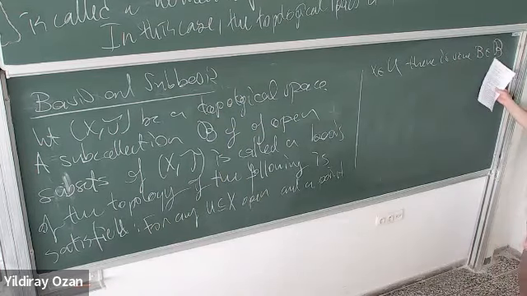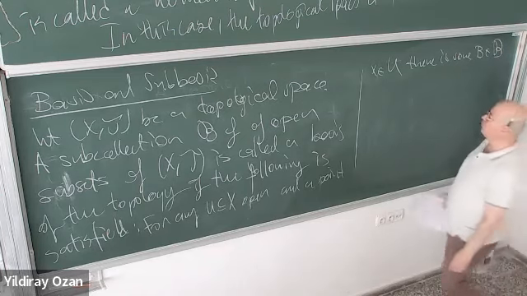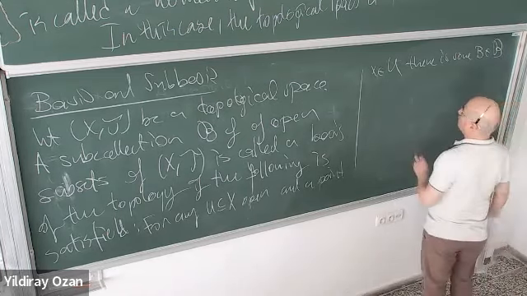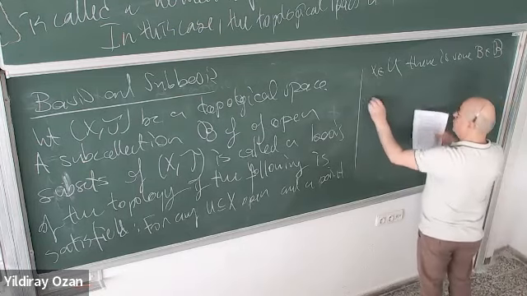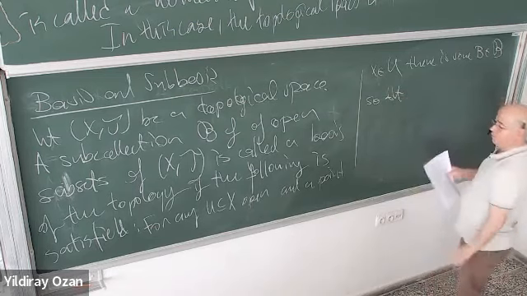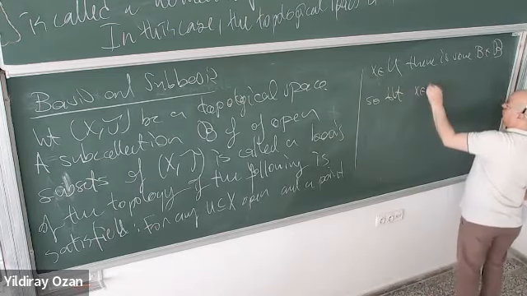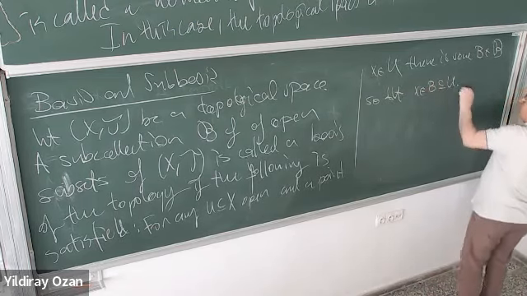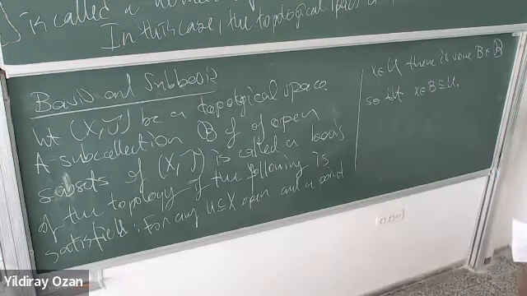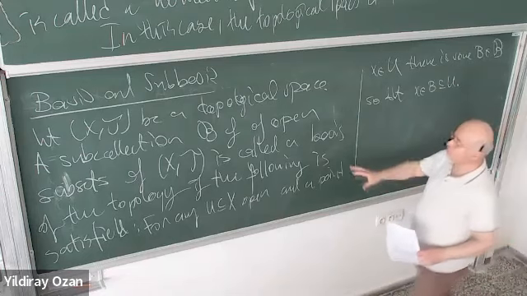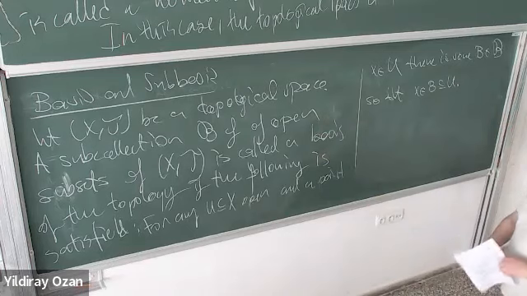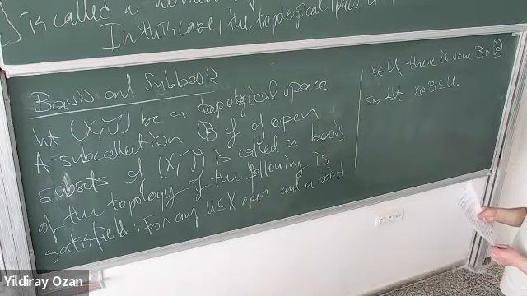So this is a sub collection of all open sets of the topology, so that x is in B and B is contained in U. Okay. If this is the case, then we say that B is a basis for a topology. I mean, for the topology tau. Okay.